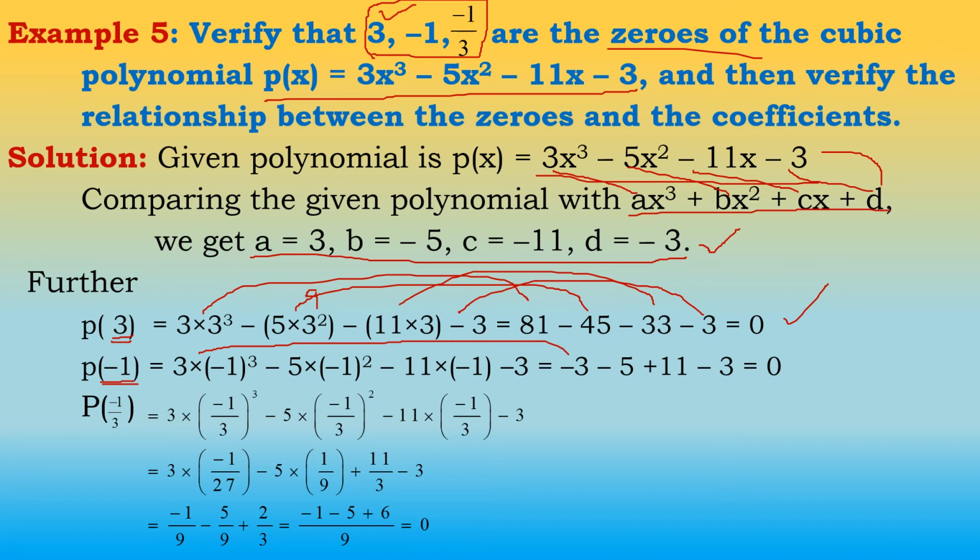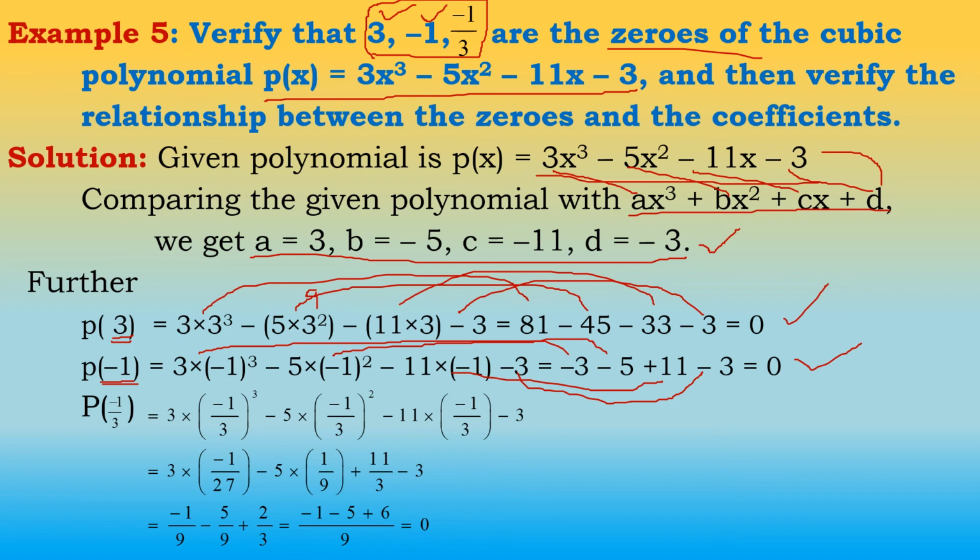Minus 1 whole square is 1, and 1 into minus 5 is minus 5. Minus into minus is plus, 11 ones are 11, and minus 3. Again by adding and subtracting, we have our final answer 0. So x is equal to minus 1 is also a zero of the polynomial.